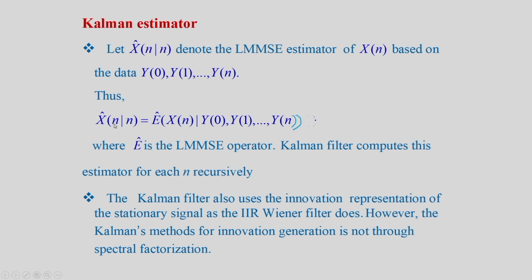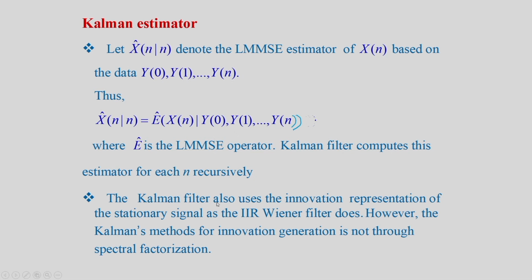Thus, x hat n given n is E hat x n given y0, y1 up to yn, where E hat is the LMMSE operator. To denote linear minimum mean square error operation, we have used E hat. And if the signals are Gaussian, then E hat will be equal to simply E, that is the conditional expectation.